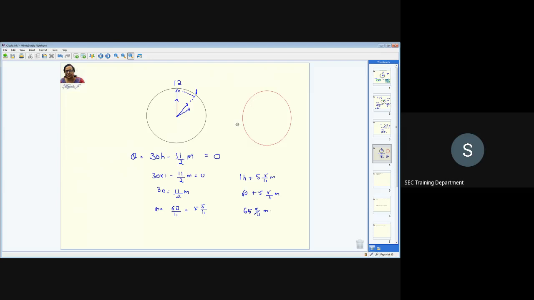If I say this red one is a perfect clock, you are setting both at 12 o'clock. The correct clock is going to coincide again at 65 5/11 minutes.